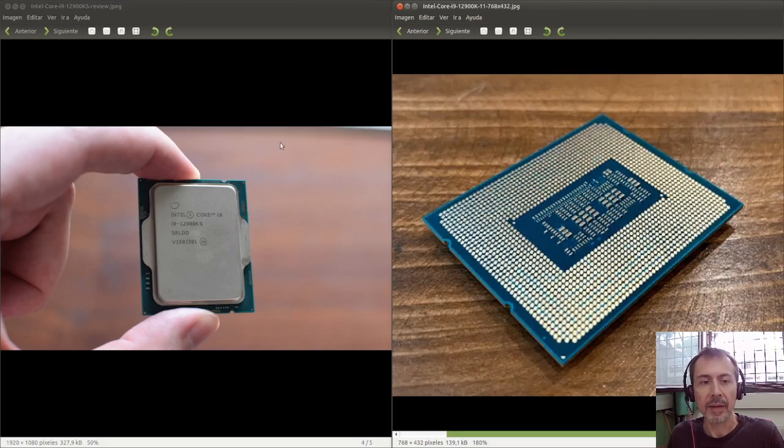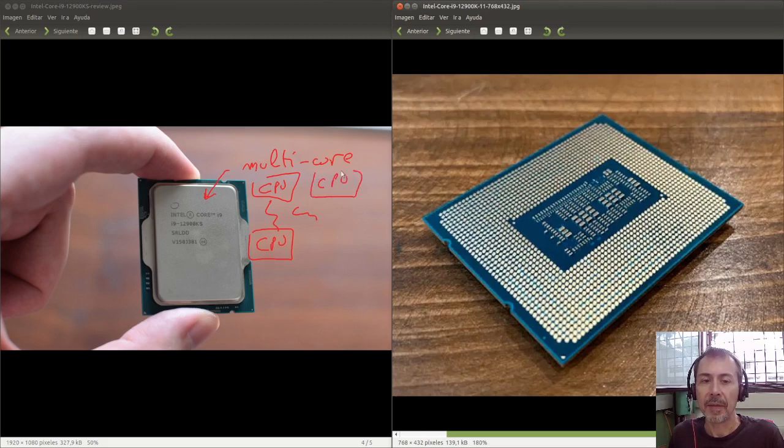But to improve the performance of modern chips, they use a technique called multi-core. That means that inside that chip, we don't have a single CPU. We have more than a single CPU that share some components.